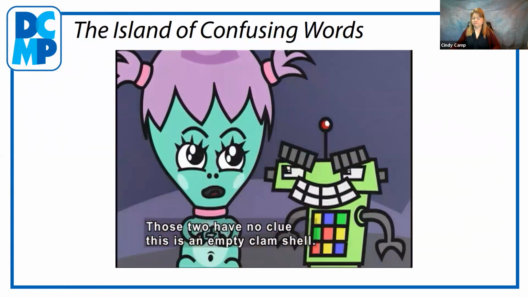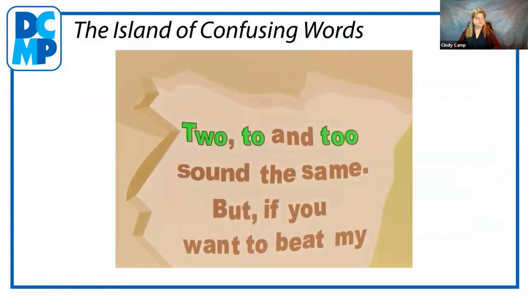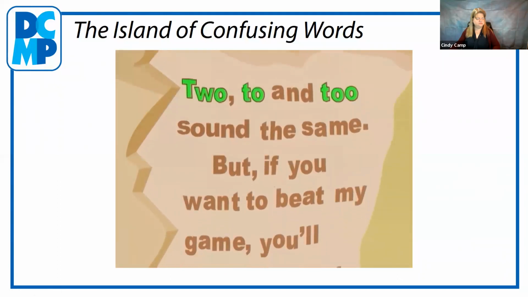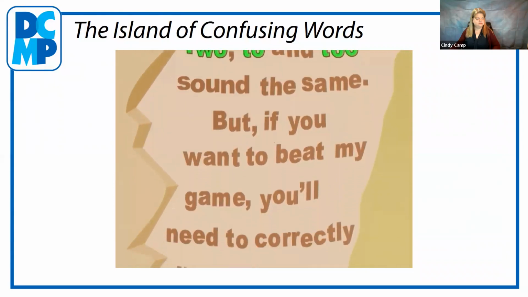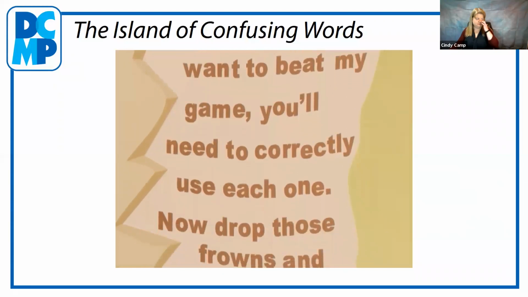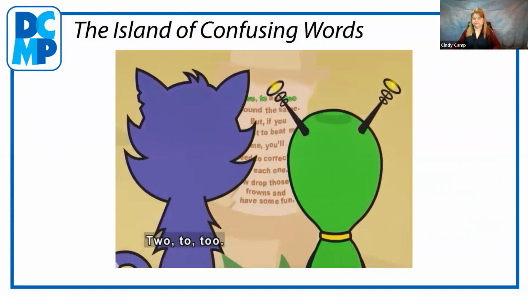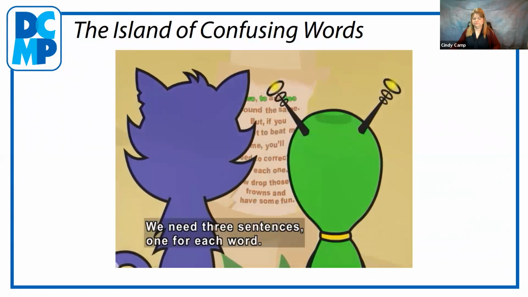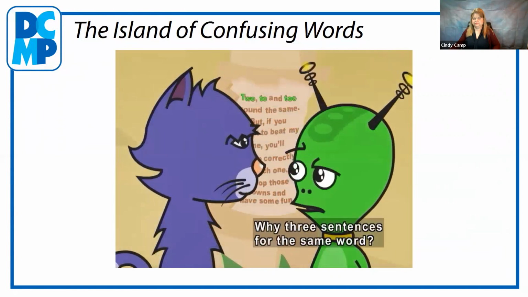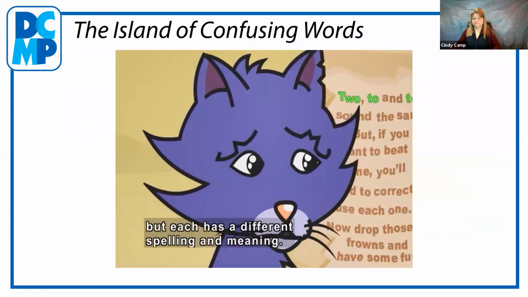Those two have no clue that this is just an empty clamshell. Two, too, to, two, too, do, sound the same, but if you want to beat my game, you'll need to correctly use each one. Now drop those frowns and have some fun. We need to think of 3 sentences, 1 for each word. Why 3 sentences for the same word? The words sound alike, but each one has a different spelling and meaning.